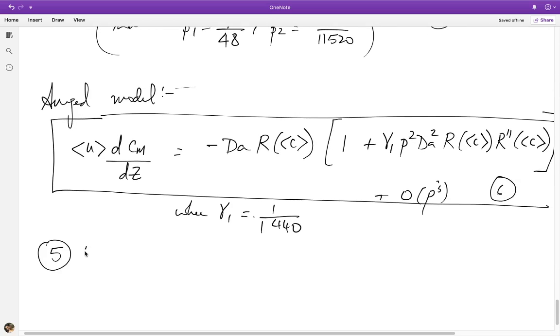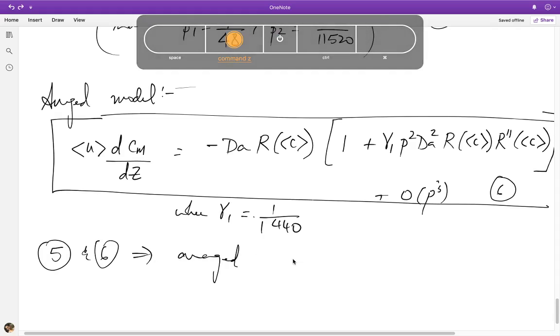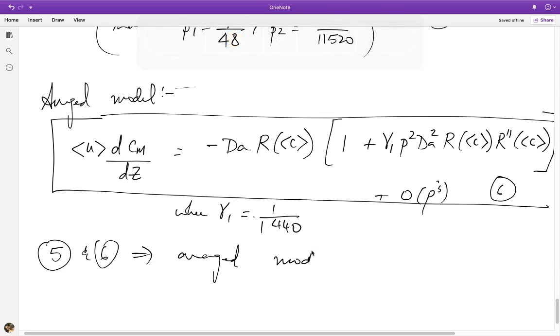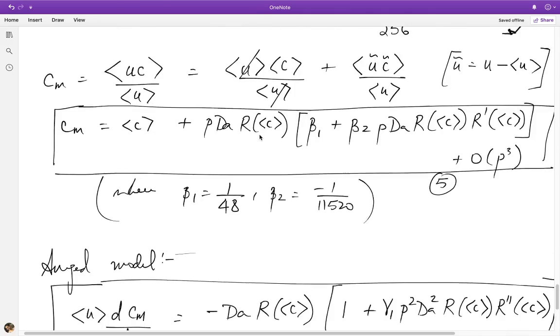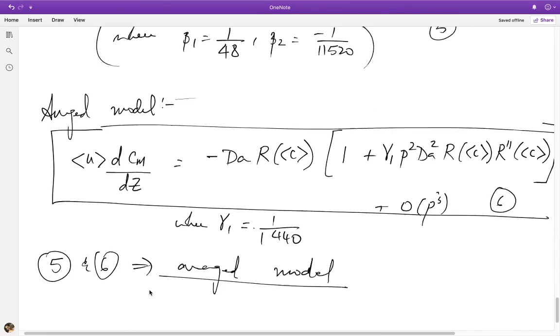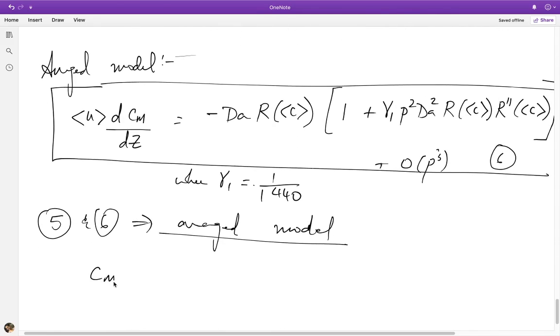So 5 and 6 are my averaged model. Right, I need, of course, to solve this model now, I just need one initial condition, which is the cup mixing average at, sorry, why did I write Z here? It's X, my bad, X.